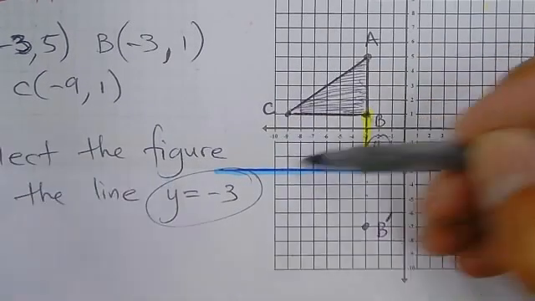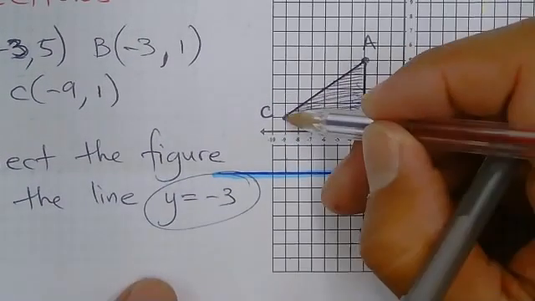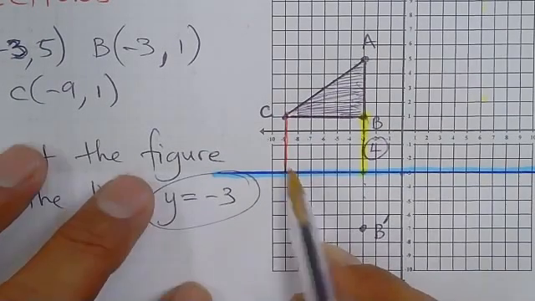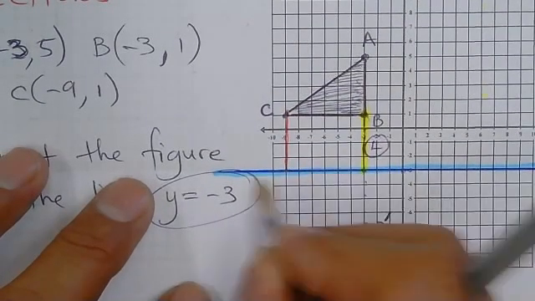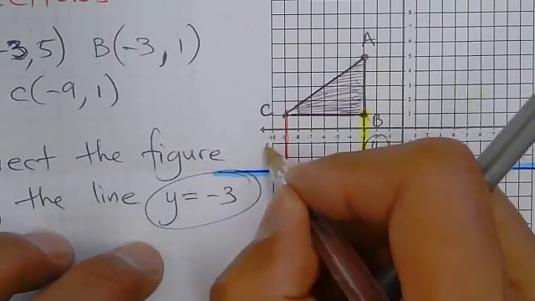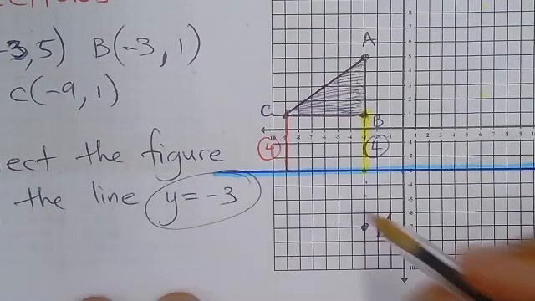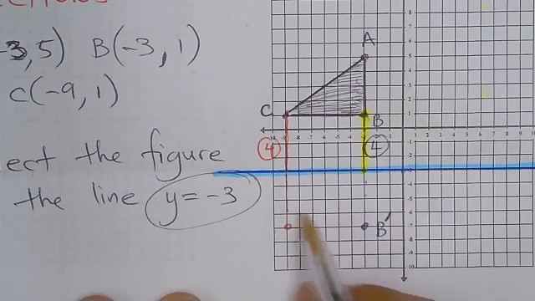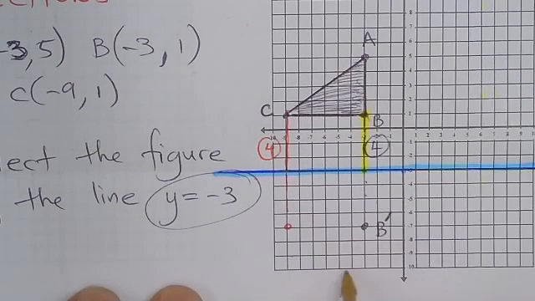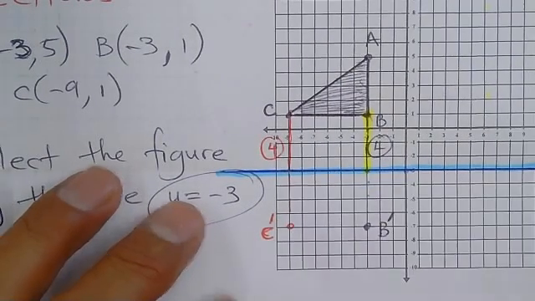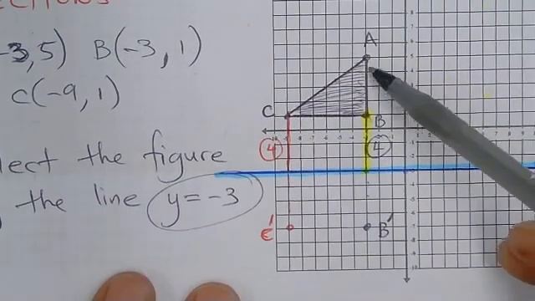I think it's going to be true for point C, right? 1, 2, 3, 4. Count exactly how many units to that line of symmetry, the line of reflection. This is also 4, so count 4. Some of you did it, but you have the points a little bit too close or too far.